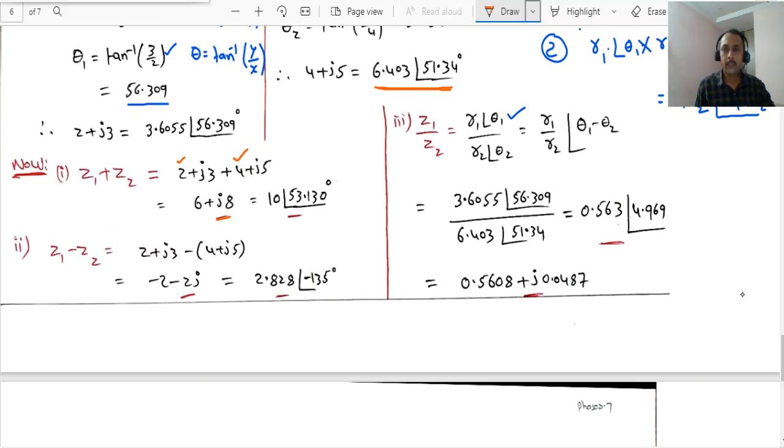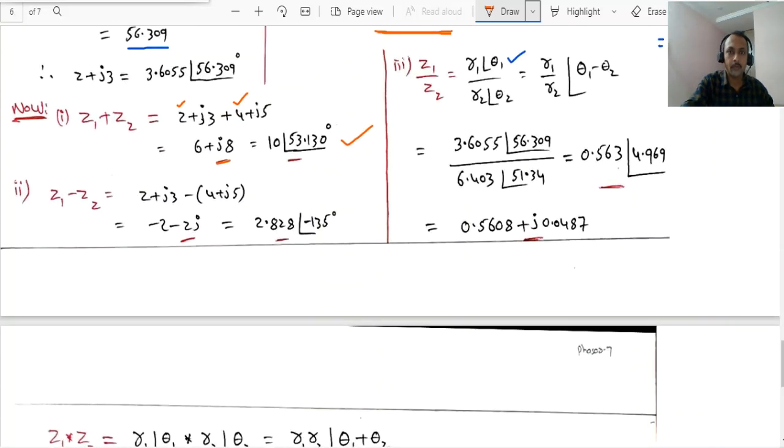Now you express this in r at an angle theta format. If somewhere in the problem you want to use r at an angle theta format, you just find out the magnitude, square root of 6 square plus 8 square. You will get 10. Angle is tan inverse of 8 by 6. We will get 53.130. Right? So this is the answer for Z1 plus Z2.